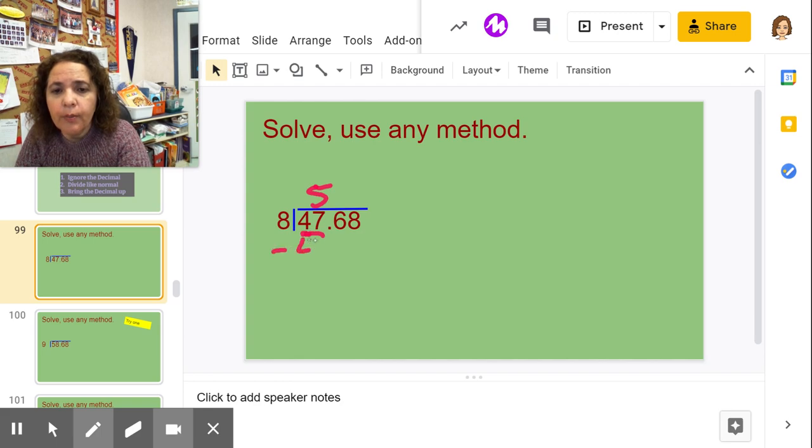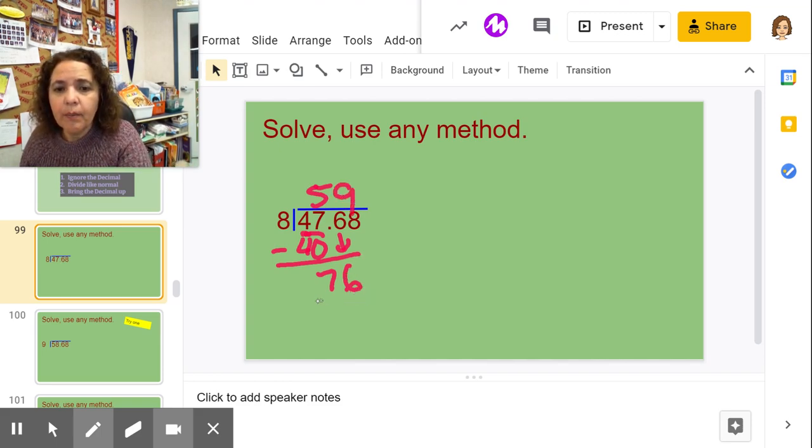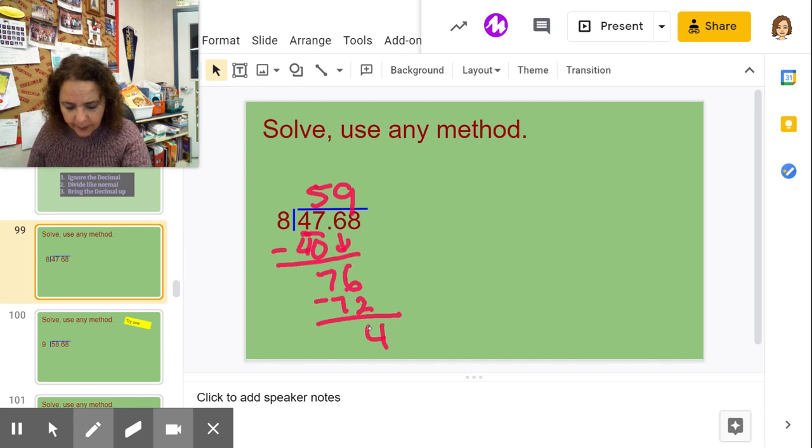So I'm going to subtract my 40. 7 take away 0 is 7. Is 7 less than 8? Yep, I did it right. Bring down my 6. 8 times 9 is 72. So it's got to be a 9, minus 72. 6 take away 2 is 4. Is 4 less than 8? Yep, so I did it right.